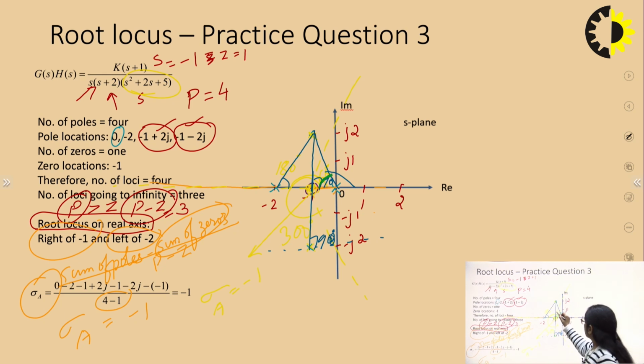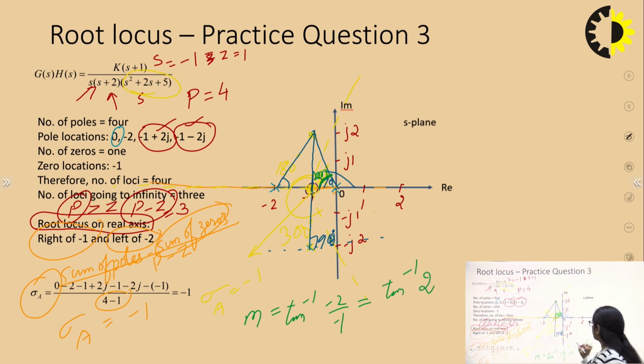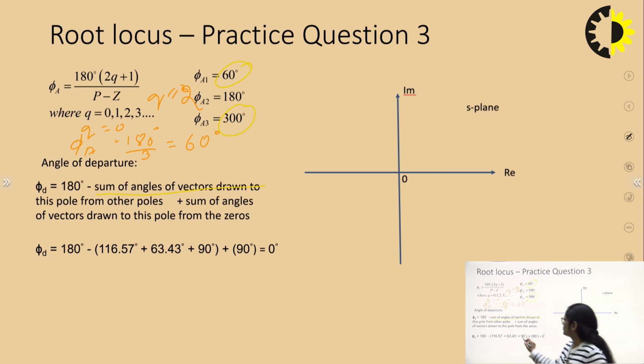Let us say this angle is M. So this M is nothing but, this distance is -2 and this distance is -1. So it is tan inverse of -2 by -1, which is tan inverse 2, and tan inverse 2 comes out to be 63.43 degrees.